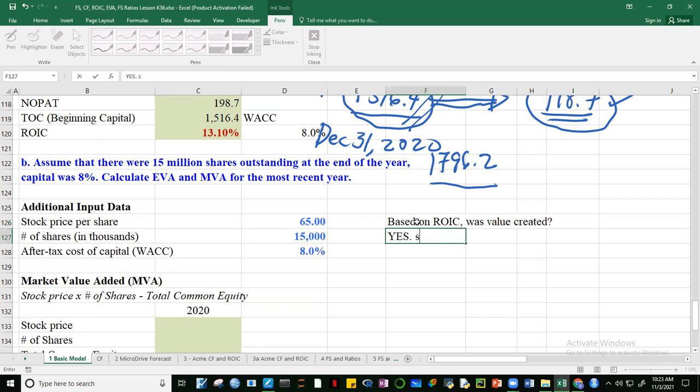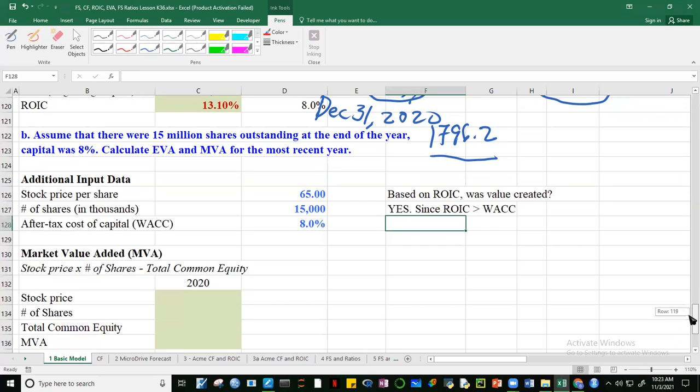Yes, since ROIC is greater than WACC. So quick review, guys. ROIC is 13.10, WACC is 8%. Therefore, value was created for management because ROIC was greater than WACC.